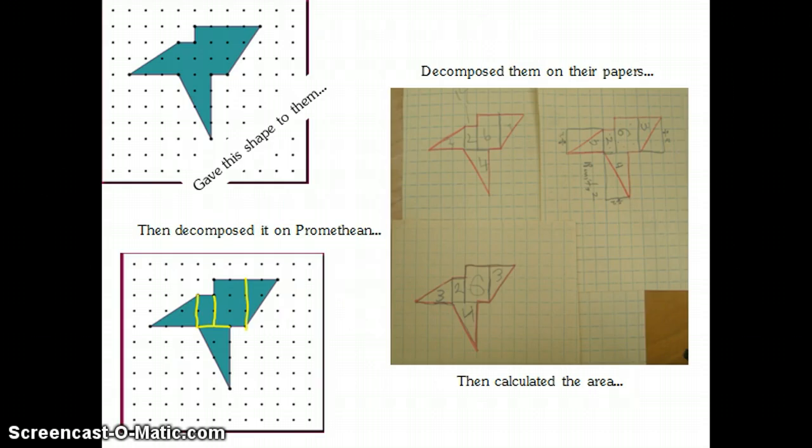The last big part of the presentation of the lesson, I guess, was this odd shape. I gave them this shape on the Promethean board, and then I also gave them each a graph paper with that shape drawn on it, and I had them decompose it on their paper, and I told them that they would be able to come up and break it up on the Promethean board, but only after they had done it on their paper first.